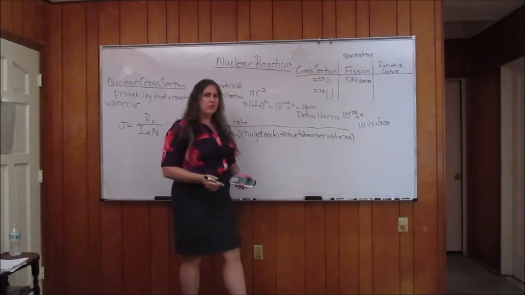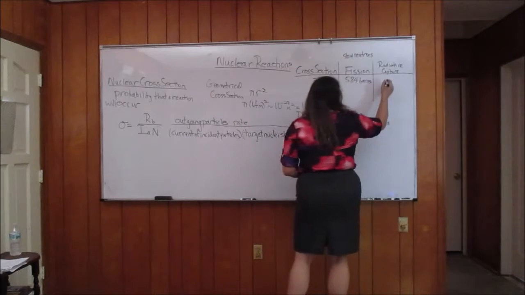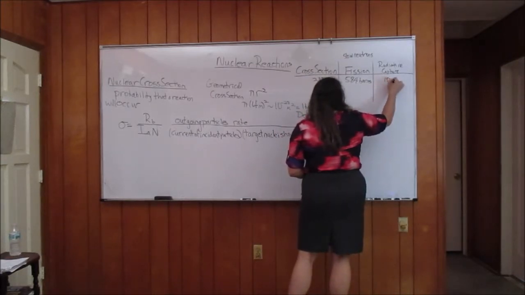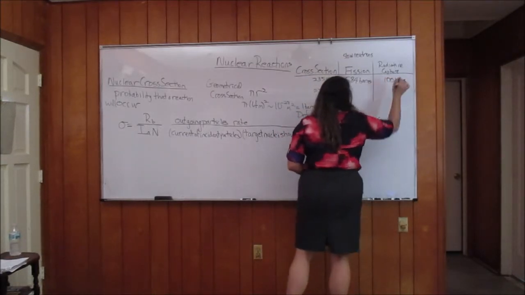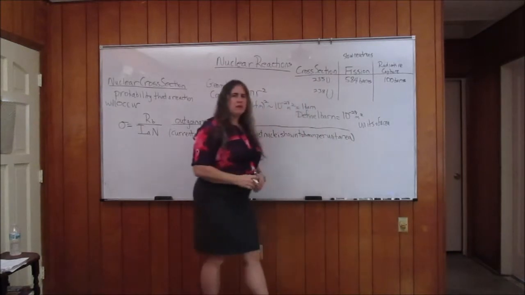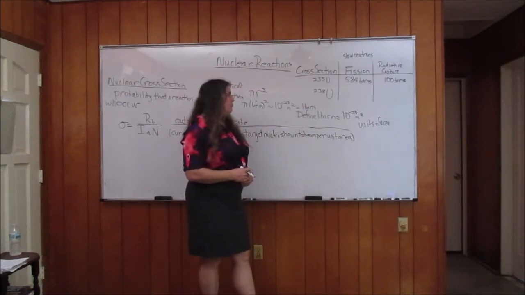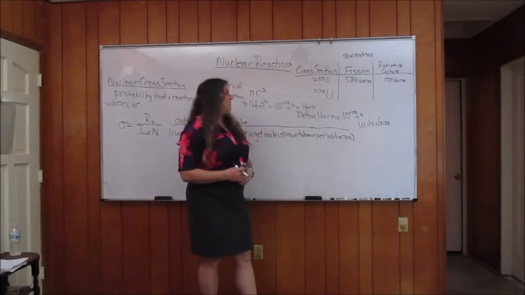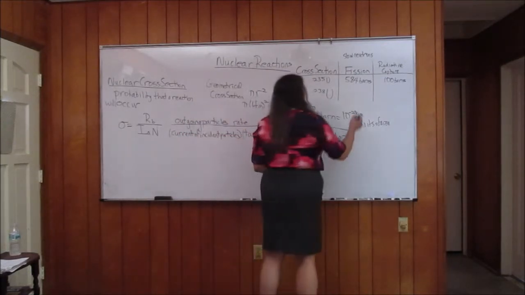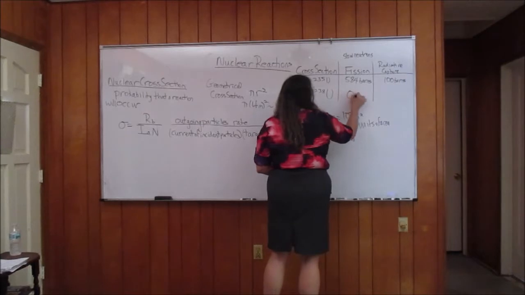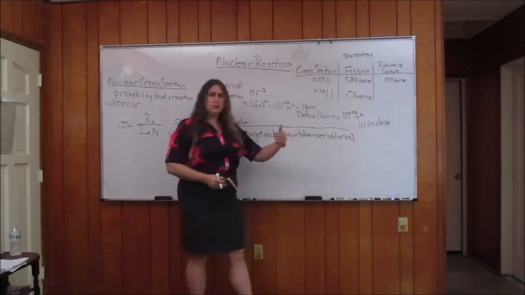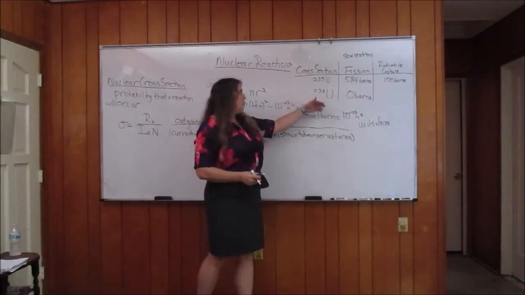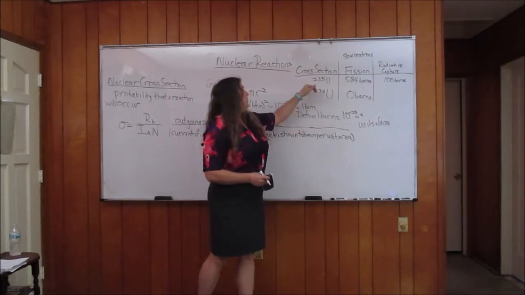Another process that can occur is radiative capture, and that's roughly equal to 100 barns. Actually, it's a little bit less than that. It's probably closer to 97. Anyway, the cross-section for uranium-238 is going to be 0 barns, so the Coulomb barrier to be overcome in order for the fission reaction to occur.